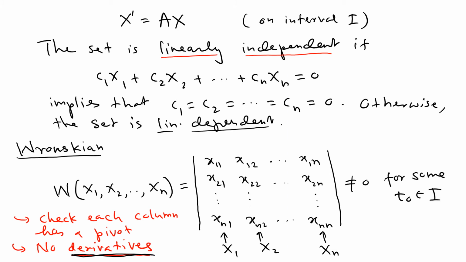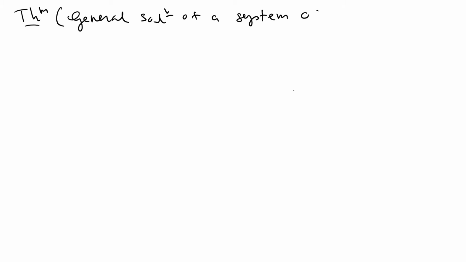Okay, so let's write the general result. So how to write the general solution? It's also very similar to the regular case, we have this general theorem. So what it says is, so this is the general solution of a system of ODEs.